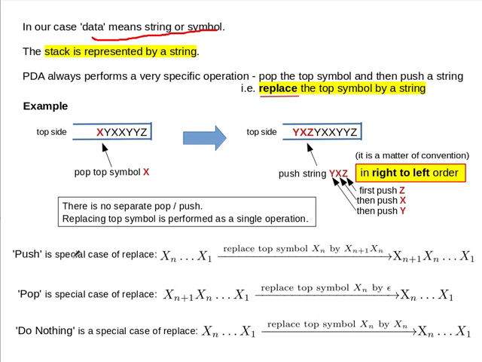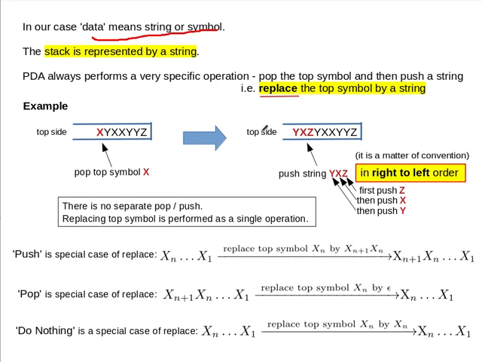So you can simulate push and pop as special cases of this replace operation. And you can even simulate do nothing. How? You just replace the top symbol xn by xn. You first remove this xn and then put back this xn, so the stack doesn't change and you are not doing anything to the stack.